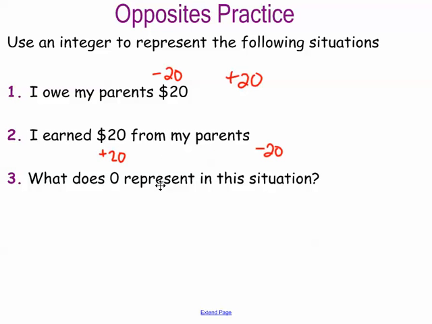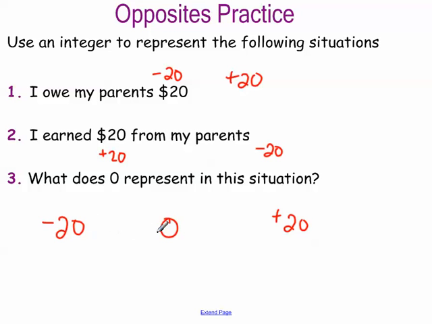So in this situation, can you think of what 0 represents? If I owe my parents $20, that's at a -20. But if I earn $20 from them, that's a positive 20. So those are definitely opposites. But what does 0 represent in this case?